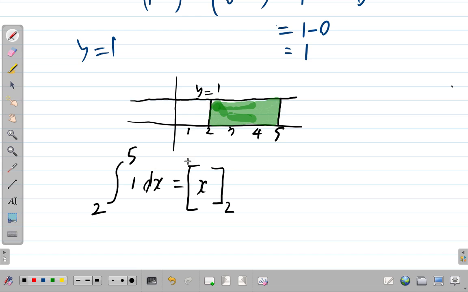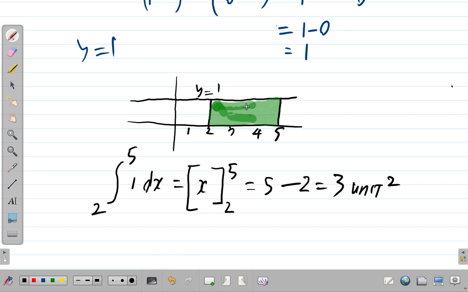Then on the upper right, you have your upper boundary. Now, you substitute 5 for x. It's 5 minus 2, and you get 3. It is really 3. Let's put the unit square, because we're dealing with an area. So we have used integration to find this area.